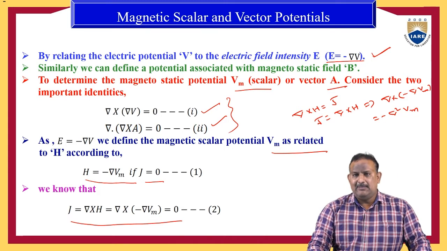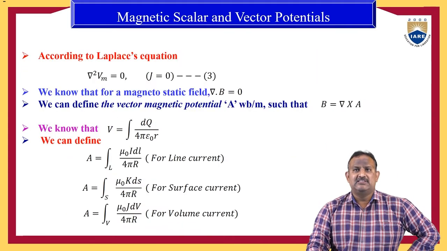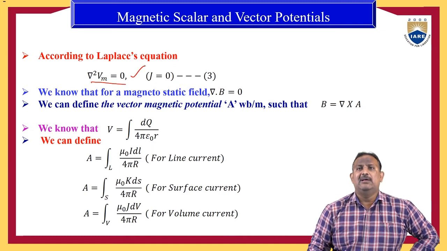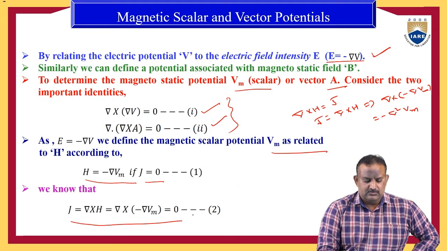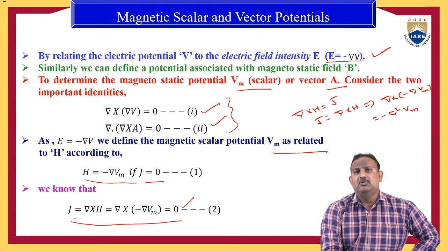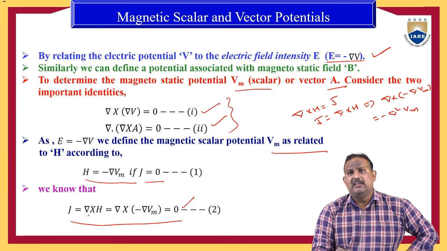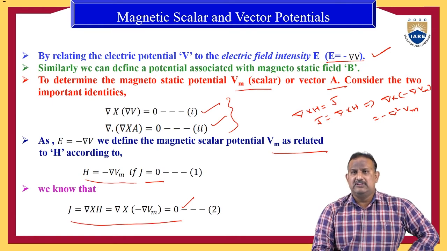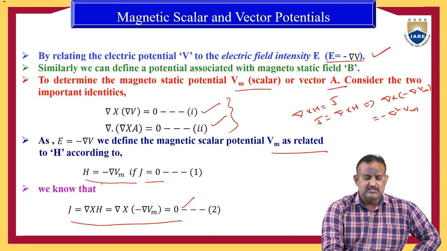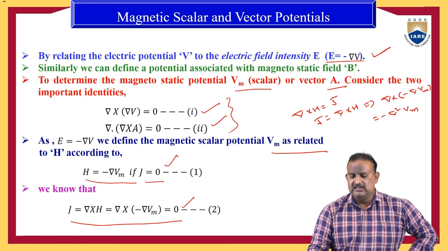According to the Laplace equation, we can write del square Vm equal to 0. So if del square Vm is equal to 0, then automatically the current density J is equal to 0. Therefore, while defining the magnetic scalar potential, we need to assume that the current density J is equal to 0. Therefore, H is equal to minus del Vm if J is equal to 0, where J is the current density.